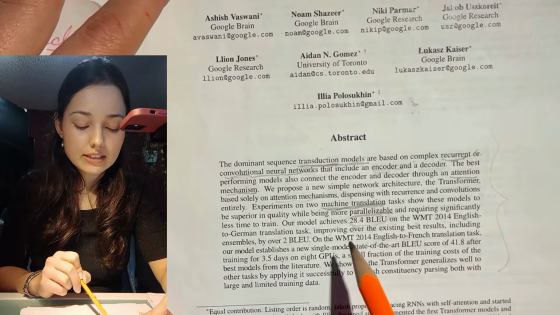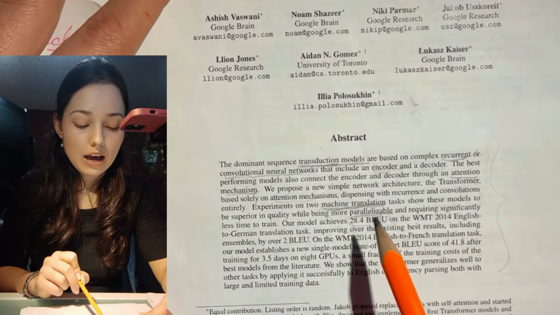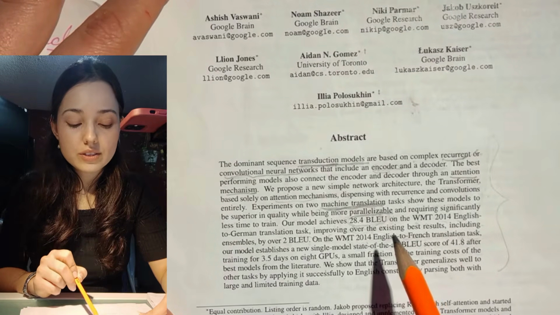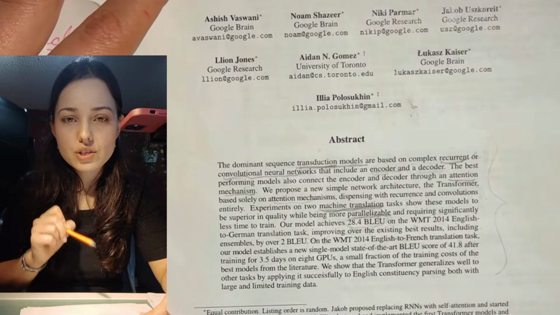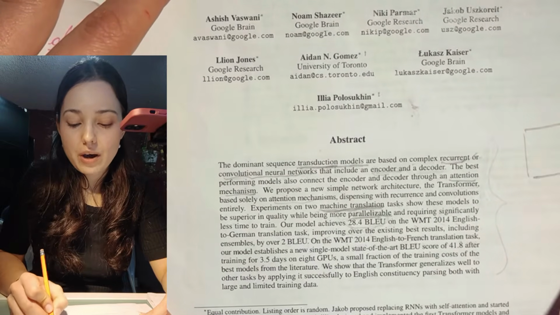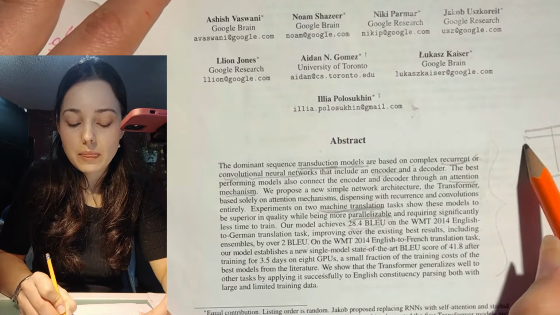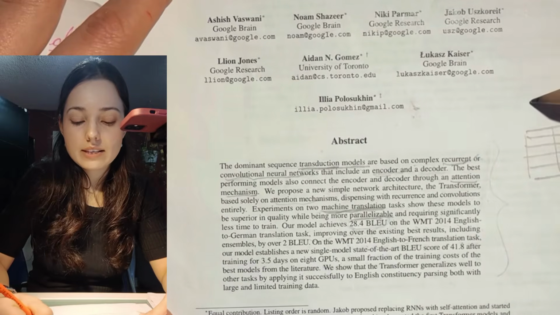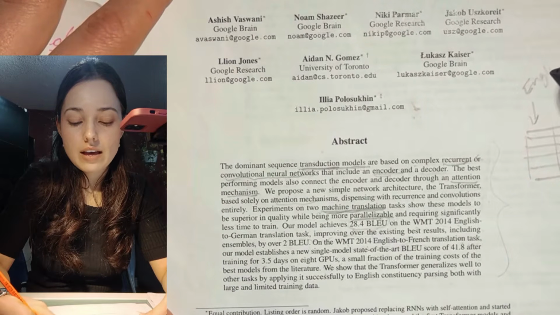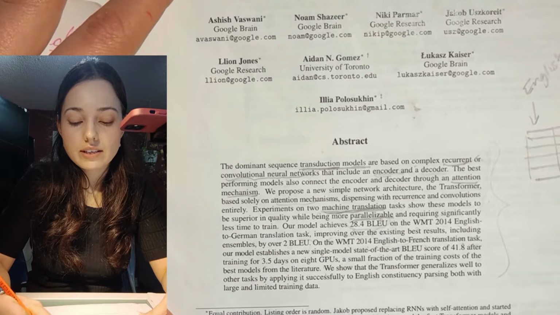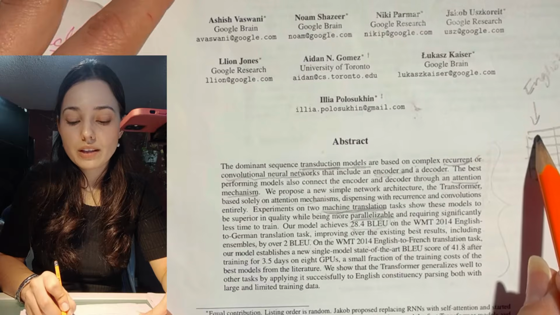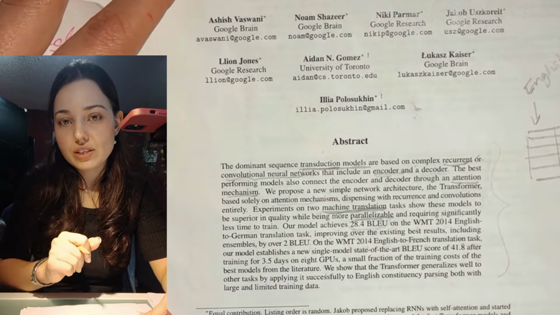So you see when they say this WMT 2014, English to German, English to French, that's some kind of dataset that they used to train this model and to evaluate it. So what it probably is, it's some kind of data where you have a bunch of sentences, okay? Let's say this column is a bunch of sentences in English, and then this column is a bunch of sentences in either French or German, and it's labeled data where you know the English and you know the official translation in French.